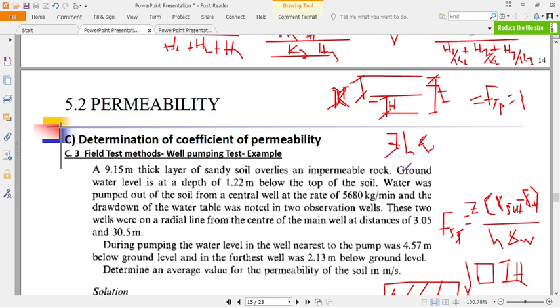Or it may be equivalent to the construction which you are going to do, which will cause a pressure movement of water equal to this. You can determine this height.